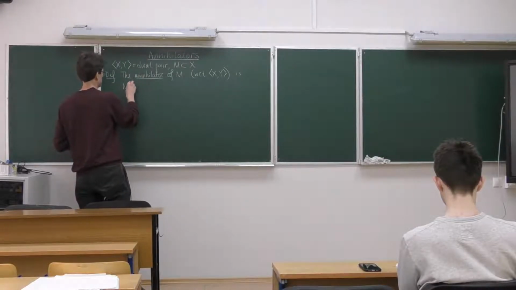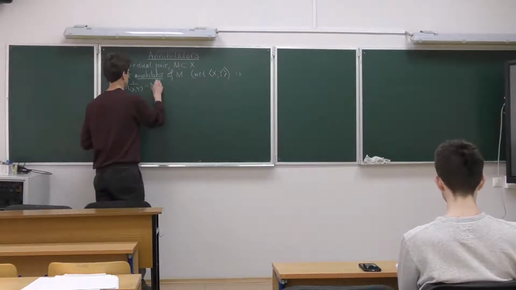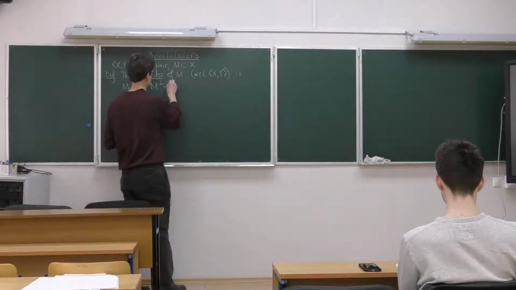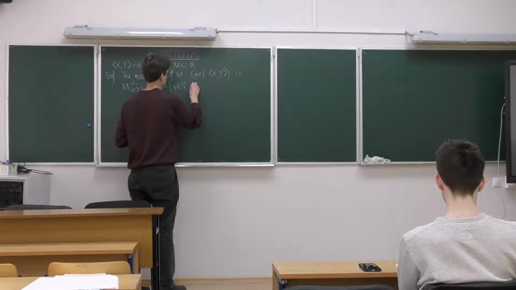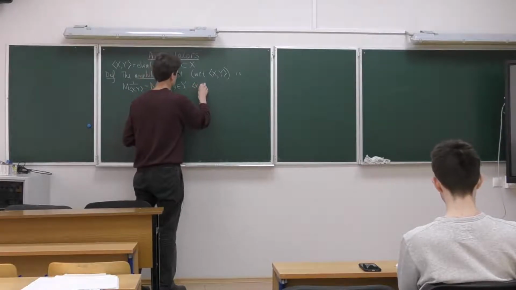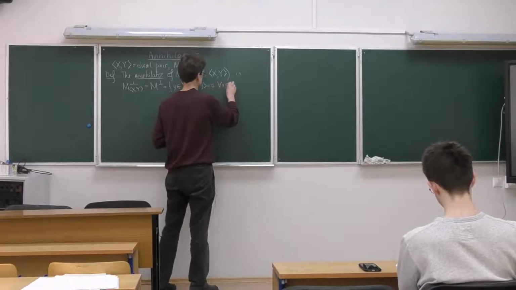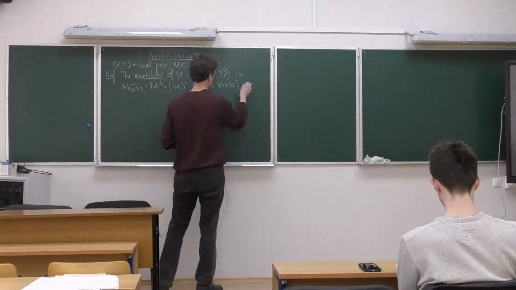The set will be denoted like this, or more briefly like this. And it consists of those elements y in Y such that the pairing between x and y is 0 for each x in M. So this is a subset in Y.